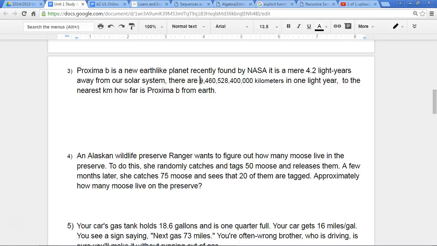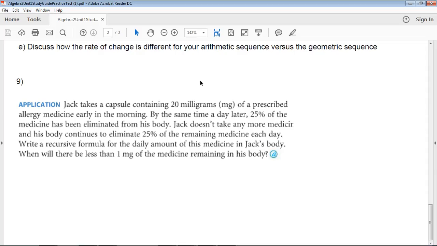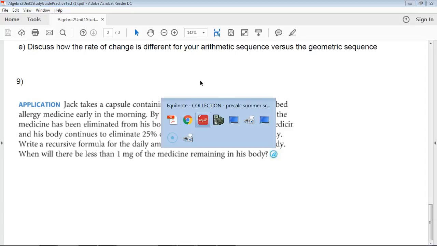How far is Proxima b from the Earth? So let's just use a simple proportion to solve this, since we just have one conversion we're trying to do.